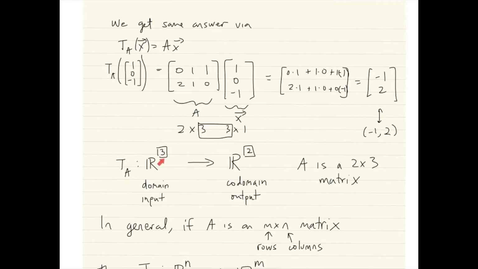And I boxed these 2 exponents here to indicate a general phenomenon. In our case here, A is a 2 by 3 matrix, and it took a 3-tuple as input and gave back a 2-tuple.